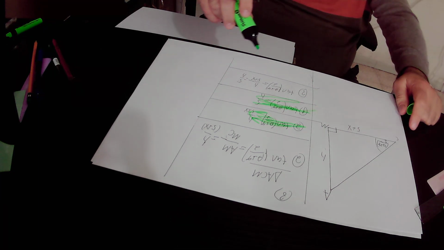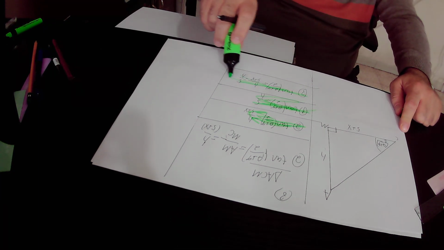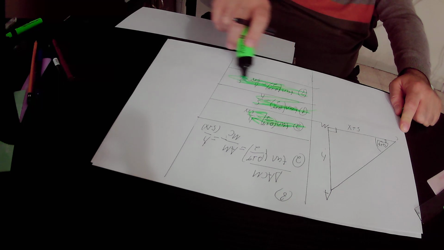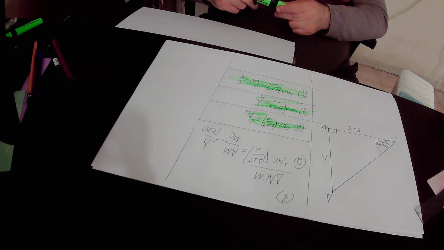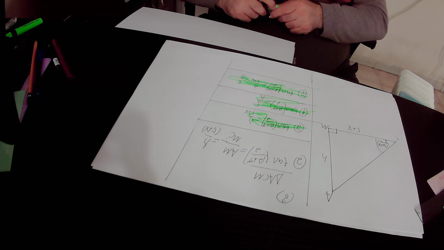Again, according to equation number 3, tangent of (theta plus alpha) over 2 equals h over 5 plus x, that equals also 5 over h.